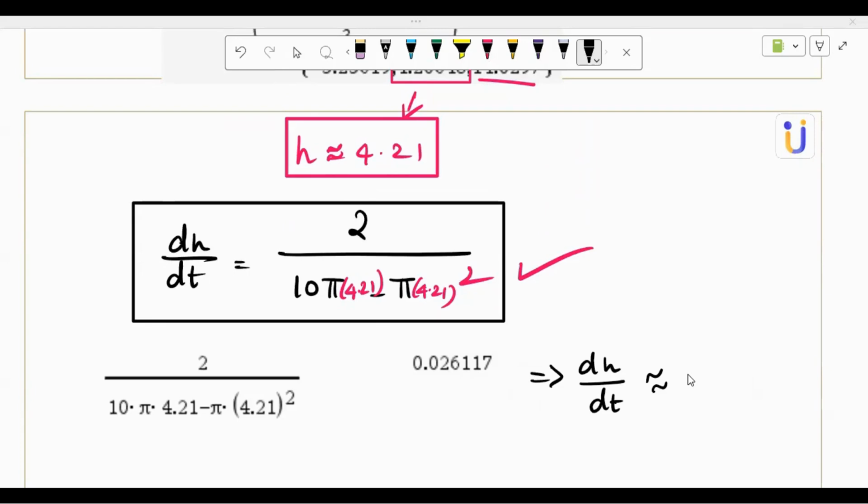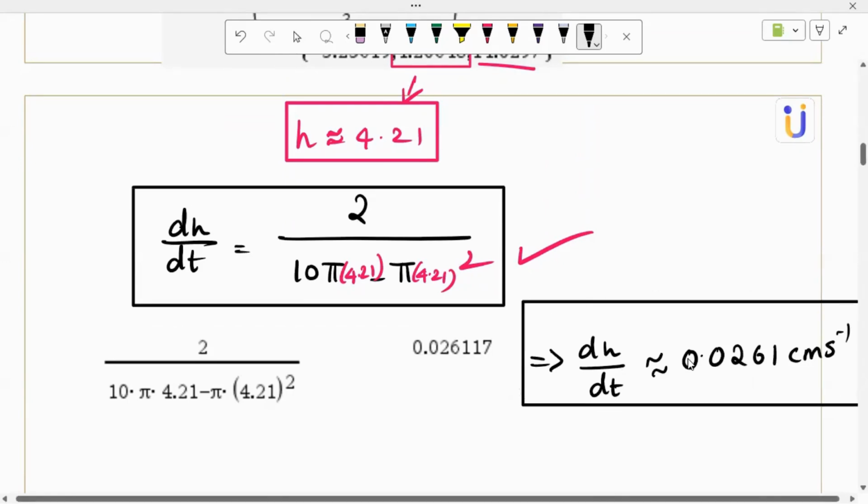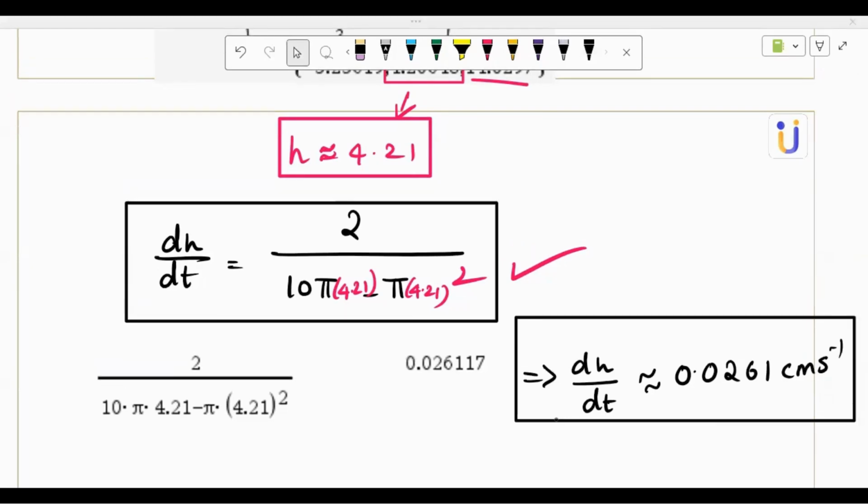It's a height, right? So centimeter per second. So this is the solution: the rate of change of height when the volume is 200. That's simple it is. And thank you for listening. Let's meet in the next video.